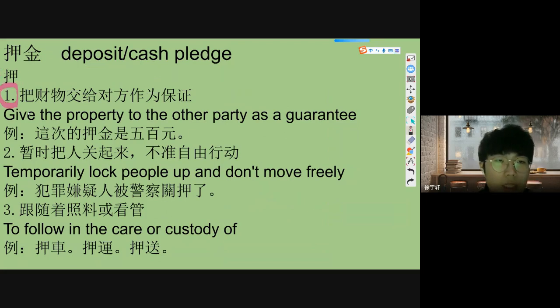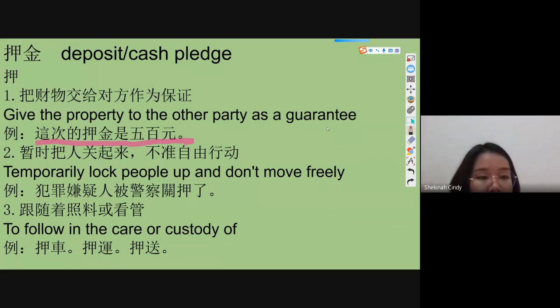The first meaning of 押 is to give property to the other party as a guarantee. For example, 这次的押金是500元. Can you try to translate this one for me? The deposit this time will be 500 yuan. Yes, okay, correct.